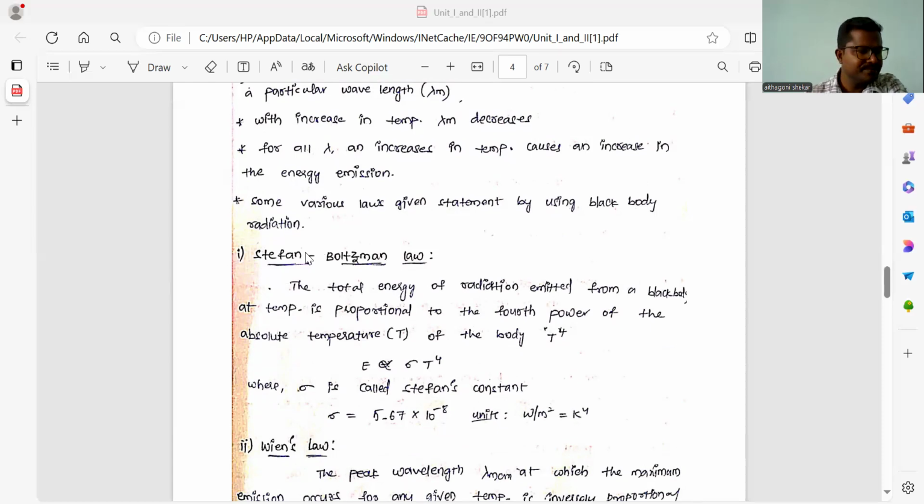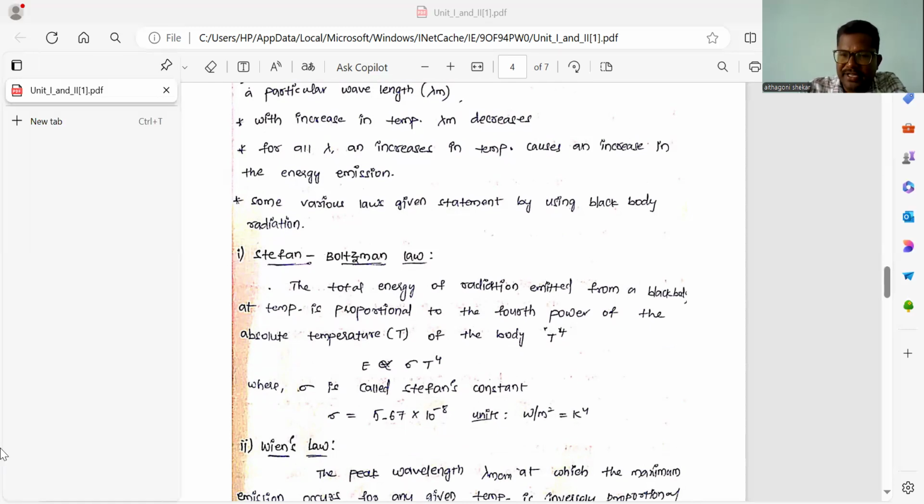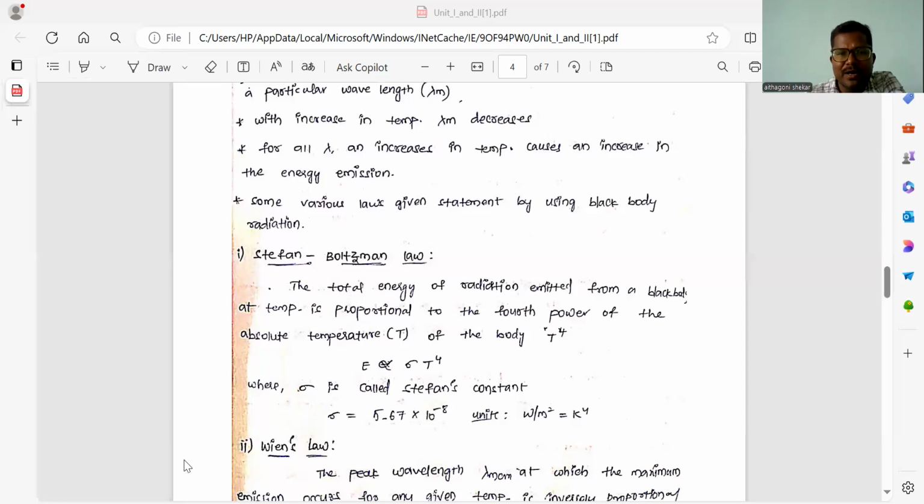What is that statement? The total energy of radiation emitted from a black body at a temperature is proportional to the fourth power of the absolute temperature. So E is proportional to T to the power 4.